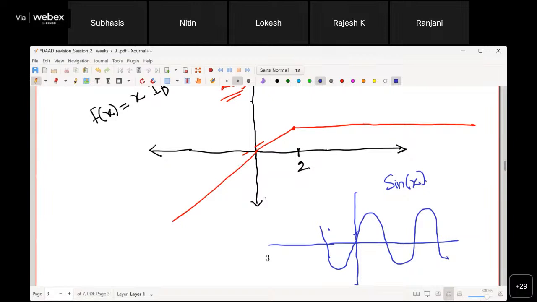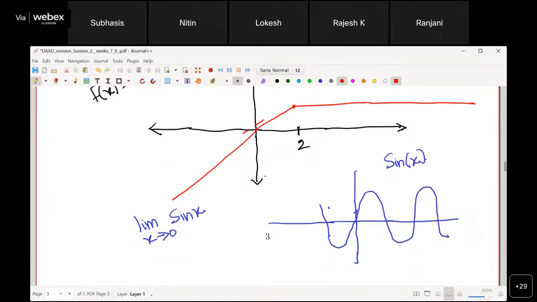So similarly, suppose you want to find the limit as x tends to 0 of sin x. First, you need to find the left hand limit. So when you are coming to 0 from the left hand side, the value of the function is approaching 0.